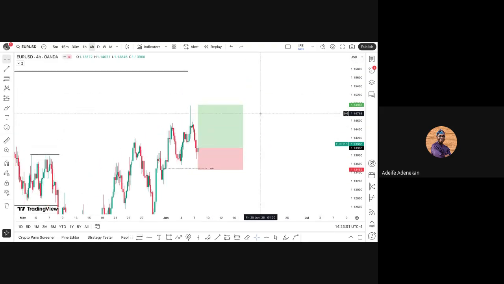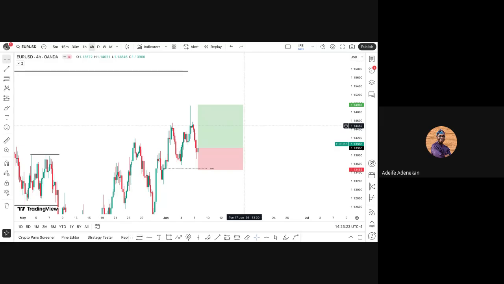Now, the idea is very simple. The stop loss tool literally means that when price gets to this point, that means my analysis was wrong and I want the market to take me out of the trade, right?